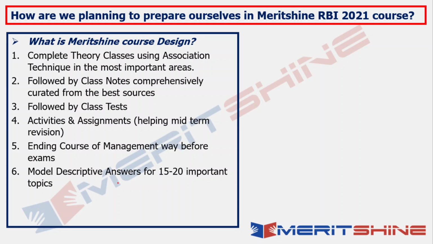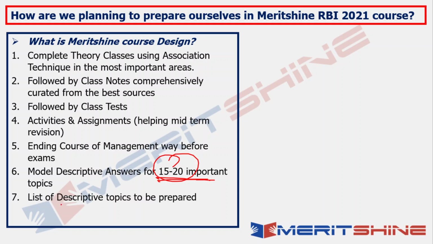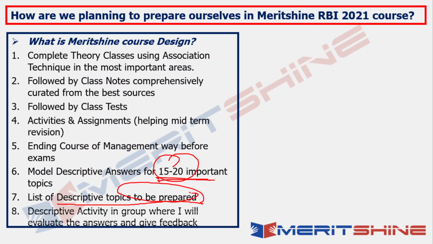This was the concept part as well as the objective part. For the descriptive part, I would write for you. I'll give you model descriptive answers of 15 to 20 most important topics across modules. Plus, I'll also give you a list of descriptive topics to be prepared by yourself that you should write. And this will not end here.